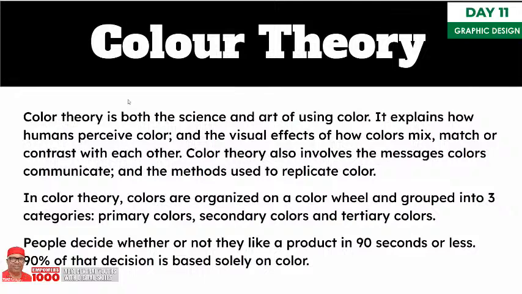If you remember the last time I made mention of how color helps in business, while I was talking about Chicken Republic and other stuff, someone thought they go there because of the chicken symbol and logo. But you can see that people decide whether or not they like a product in 90 seconds or less. 90% of that decision is based solely on color.